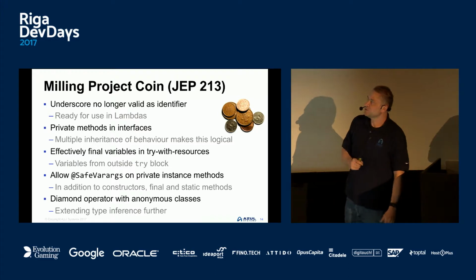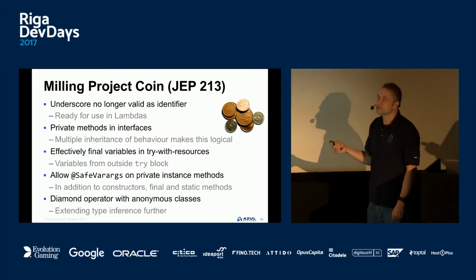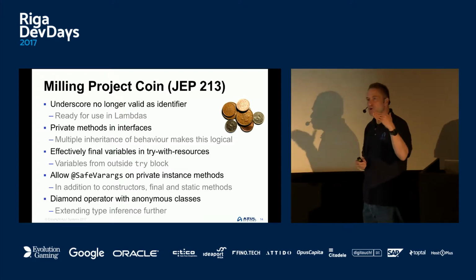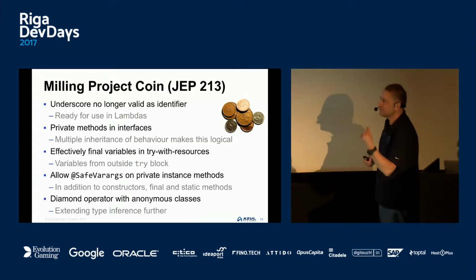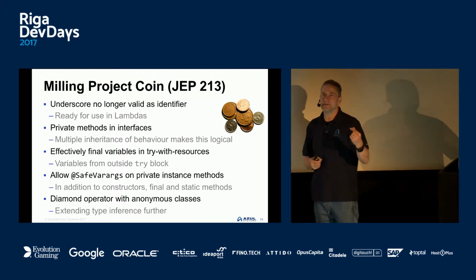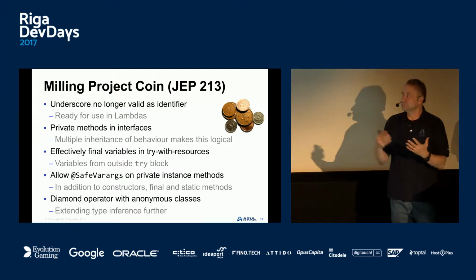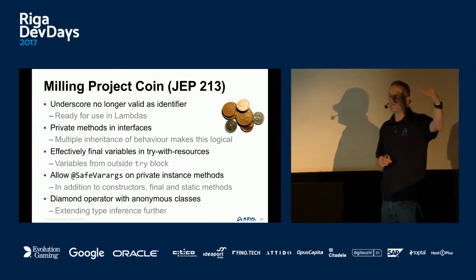Effectively final variables in try with resources. Now, again, what you've had to do up until now is if you use a try with resources block, everything that you want to reference has to be assigned to a new variable instance in that try block. That doesn't always make sense, because if you defined a variable outside of that try block, you should be able to use it inside the try block.